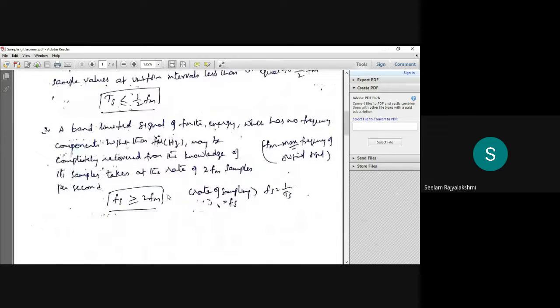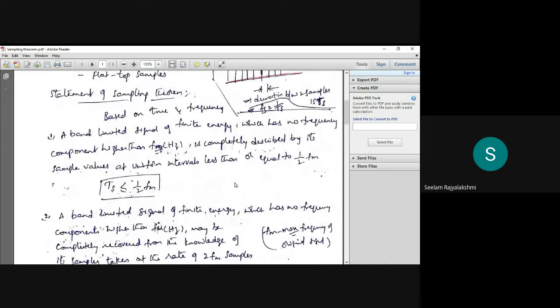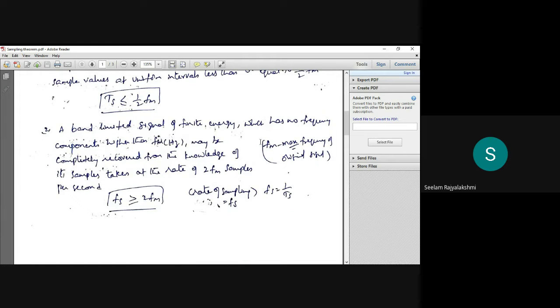For the second statement, fs equals 1 by Ts, where Ts equals 1 by 2 fm. Ts is nothing but the duration between two samples, fs is nothing but the rate of sampling, and fm is the maximum frequency of the original signal.